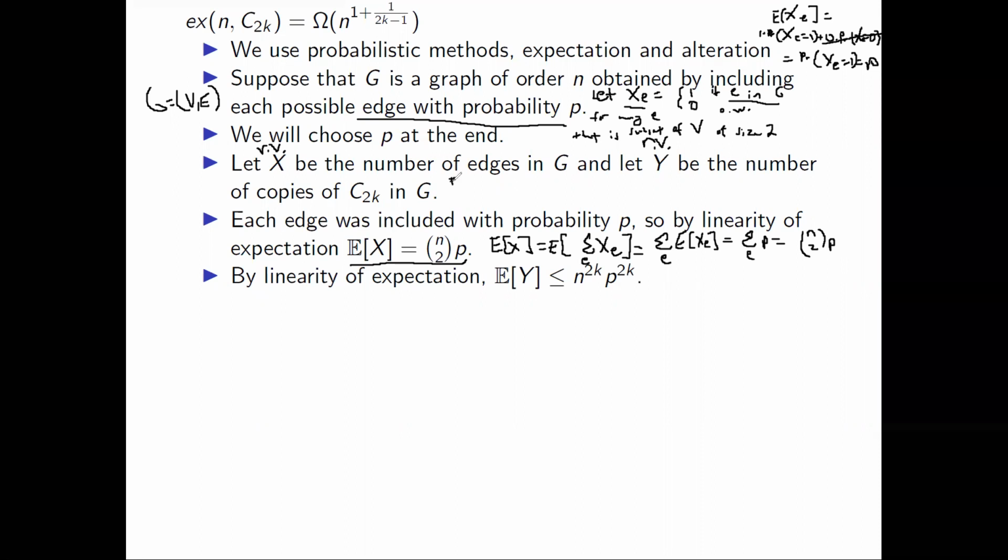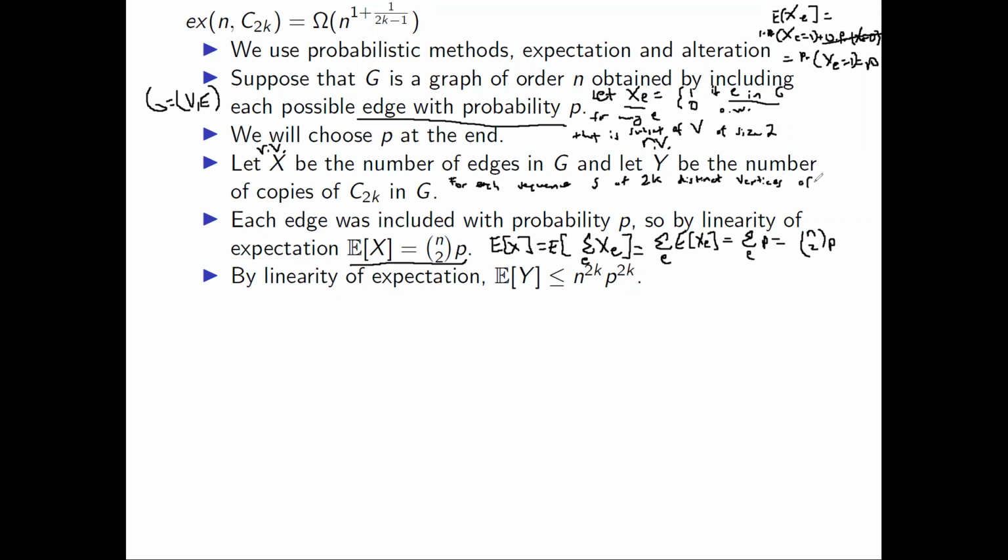So for each sequence S of 2k distinct vertices of G, sorry, if I said variables, I mean vertices.